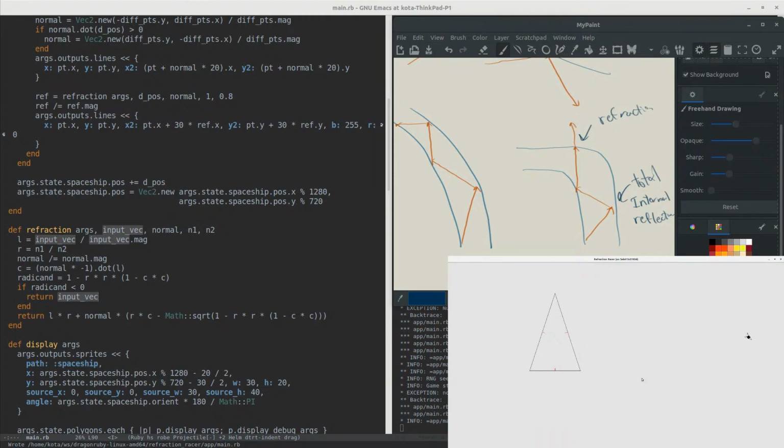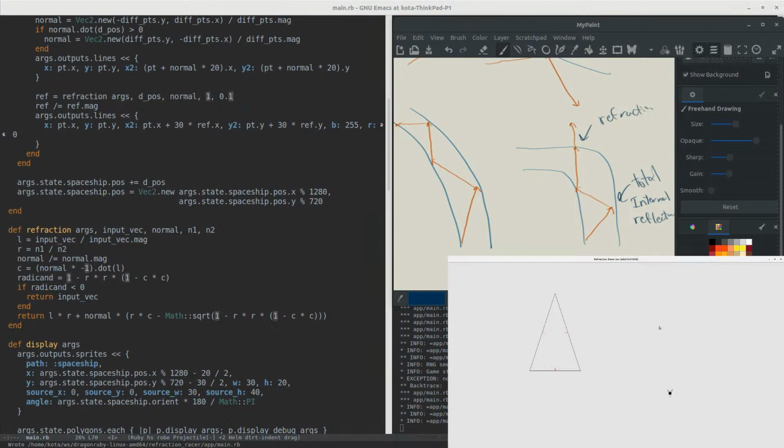Let's see. I guess the easy way of testing this is by making this a lot smaller than the other one, right?